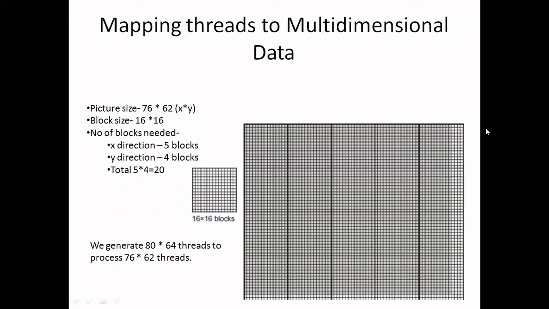Remember, all the pixels should be covered. We may have some extra threads which we will not use, but we cannot leave some of the pixels. So in that case, 76 pixels in X direction. As far as the block is concerned, it is 16 cross 16.